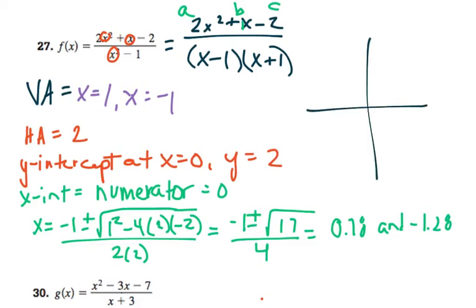So, looking through here, we have vertical asymptotes at 1 and -1. We also have a horizontal asymptote at +2.